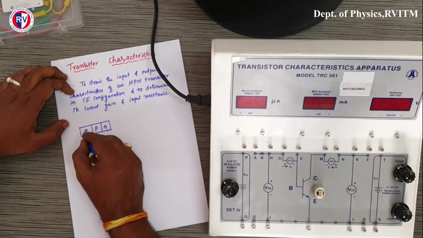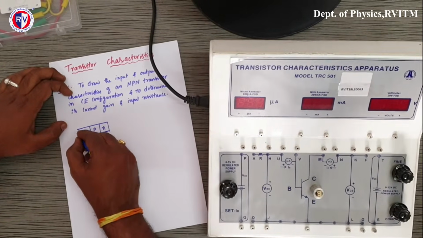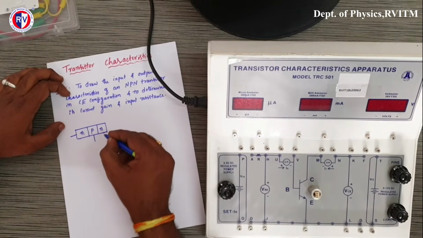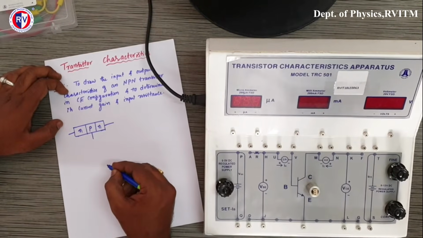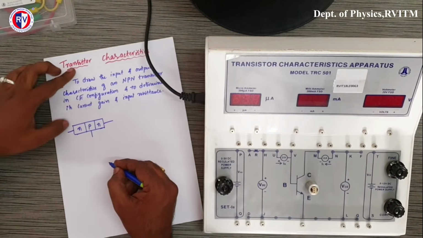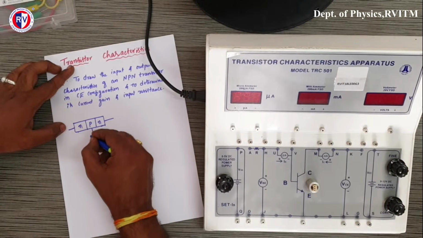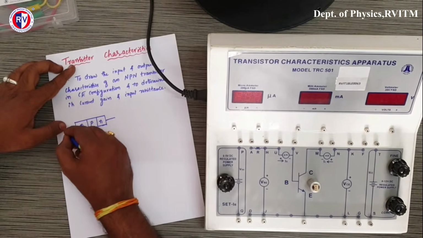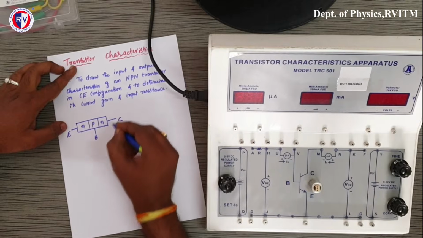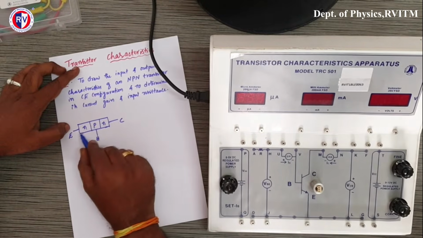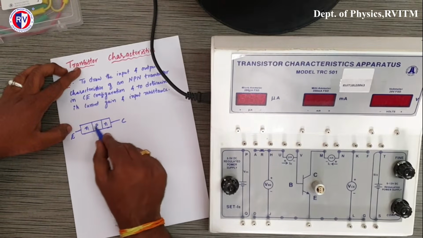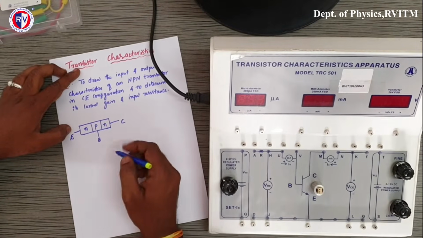This will be one terminal, this another terminal, and this another terminal. These are the base, emitter, and collector. So it is a three terminal device, which we call a transistor.